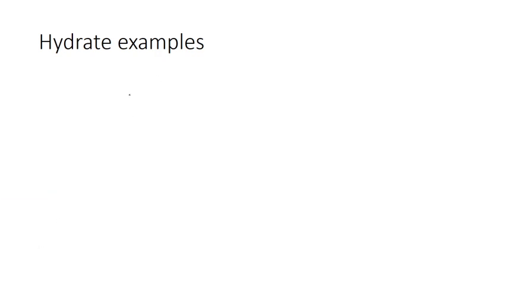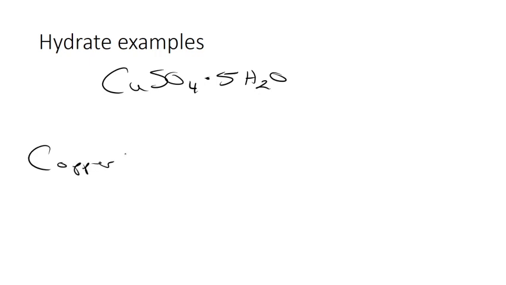Okay, so now we're going to go from formula to name. We're going to go with CuSO4 · 5H2O. We look on the periodic table, Cu, copper. We find it in the D block, so we know we're going to need a Roman numeral.